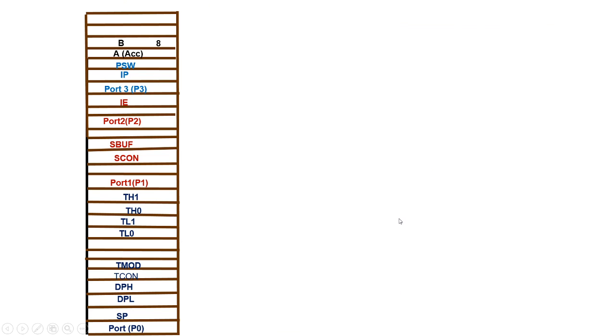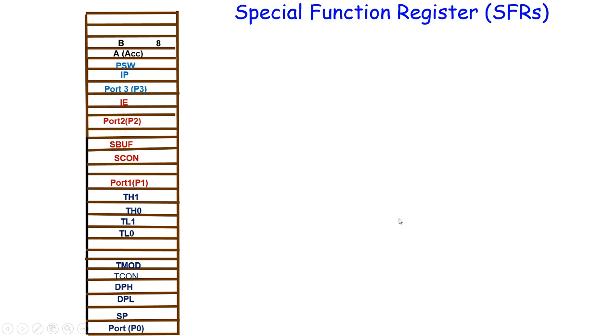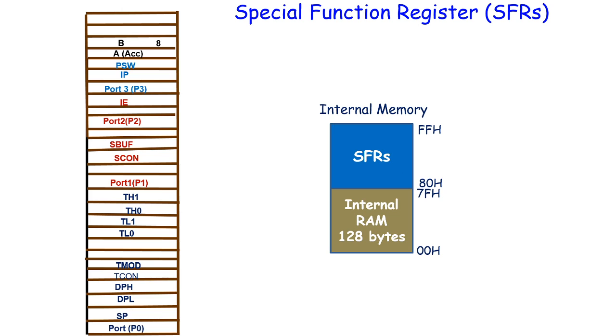Now let us discuss the special function registers in detail. There are 21 special function registers in total, and their addresses are like this. Special function registers are byte, bit, and word sized. Byte means 8 bits, bit means 0 or 1, and word means a group of 16 bits, maybe 32 bits.